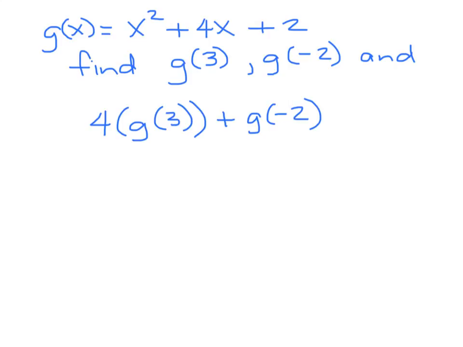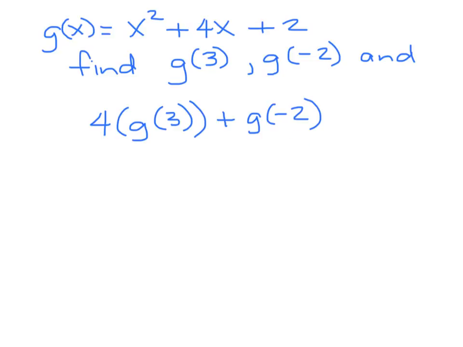Now for the last problem, you are given the function g of x, and g of x is equal to x squared plus 4x plus 2. I want you to find the output for g of 3 when x is equal to 3, g of x when x is equal to negative 2, and then once you find those, I want you to work out this expression right here.